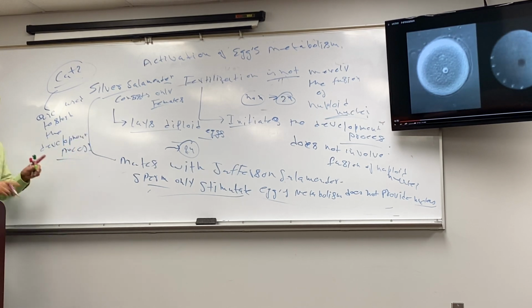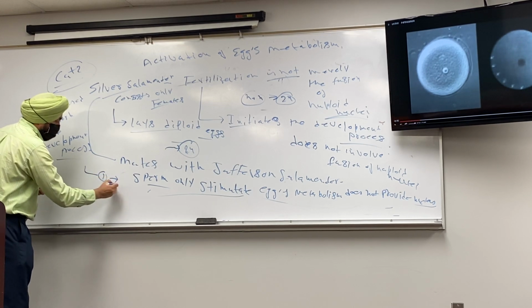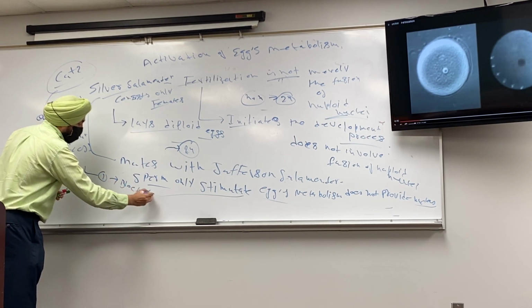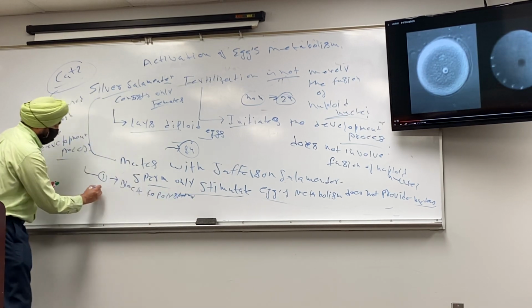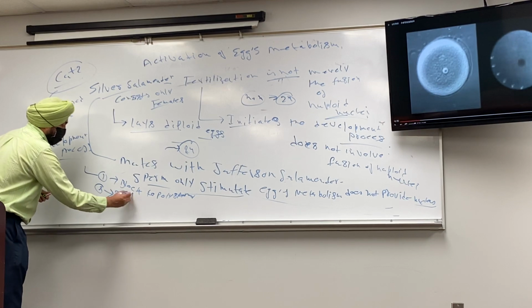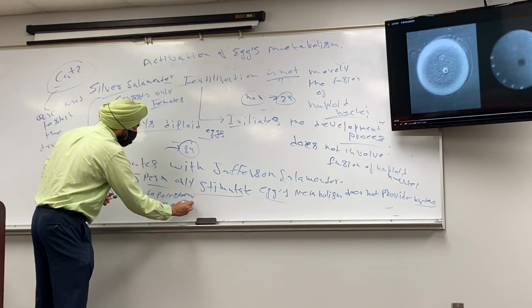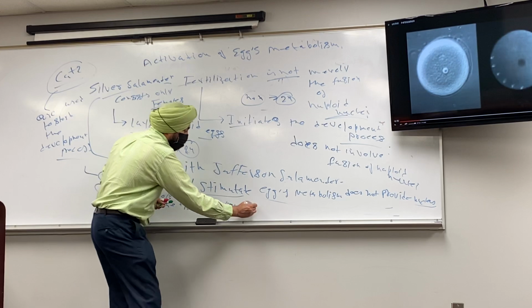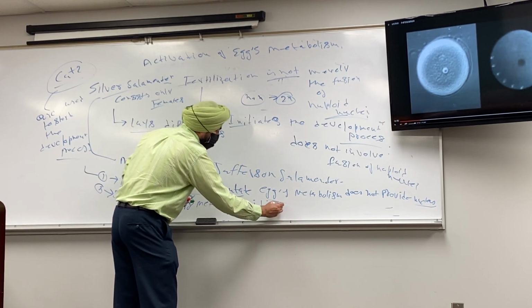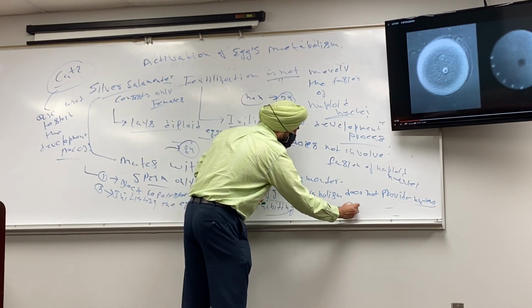So that means calcium ions are doing two things here. Number one, they are providing a block to polyspermy. Number two, they are initiating the egg's metabolism and inhibiting the halt on the development process.